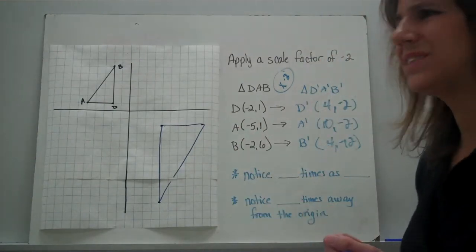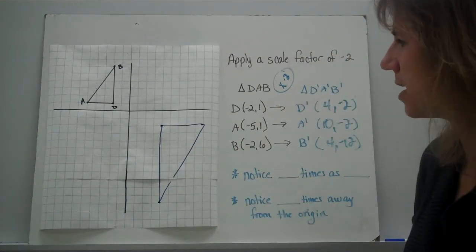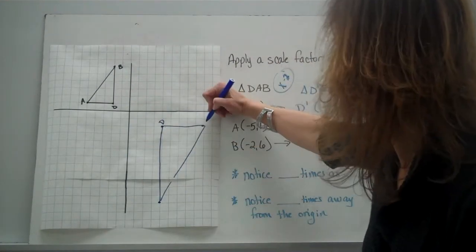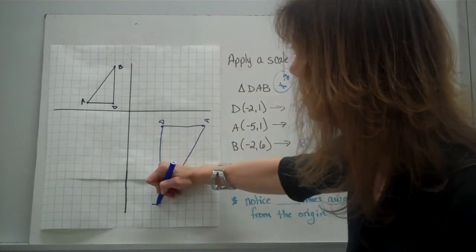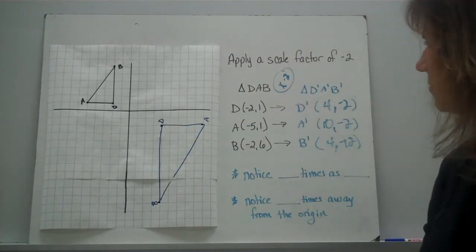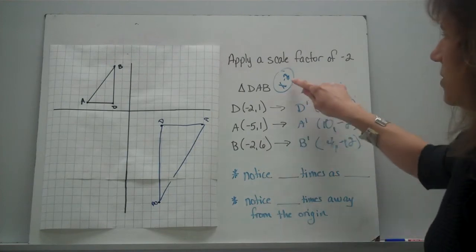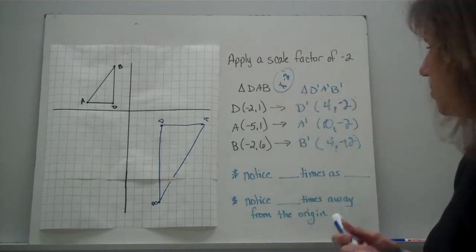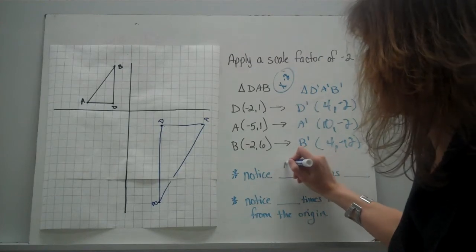Okay, what seems to be happening with this shape? Here is our D, our A, and our B. What seems to be happening with a negative? We're still multiplying by a whole number, so do you see how it's gotten bigger? So it is twice as big.